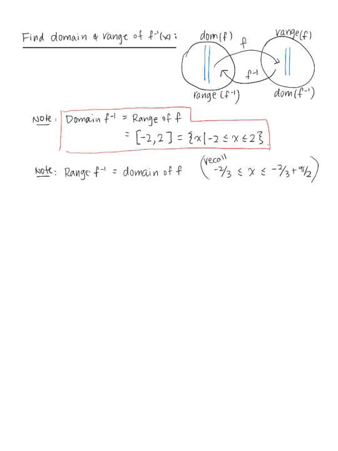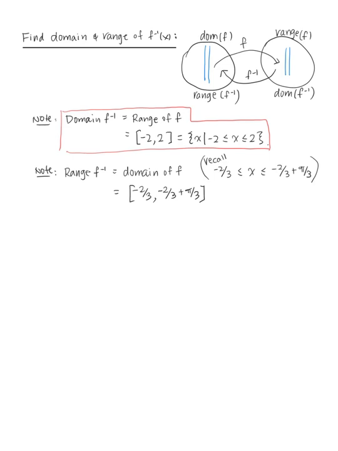So this is nothing but the domain of your function f of x. So here domain of f is going to be negative 2/3, comma, negative 2/3 plus pi over 3, right? So that will be it.